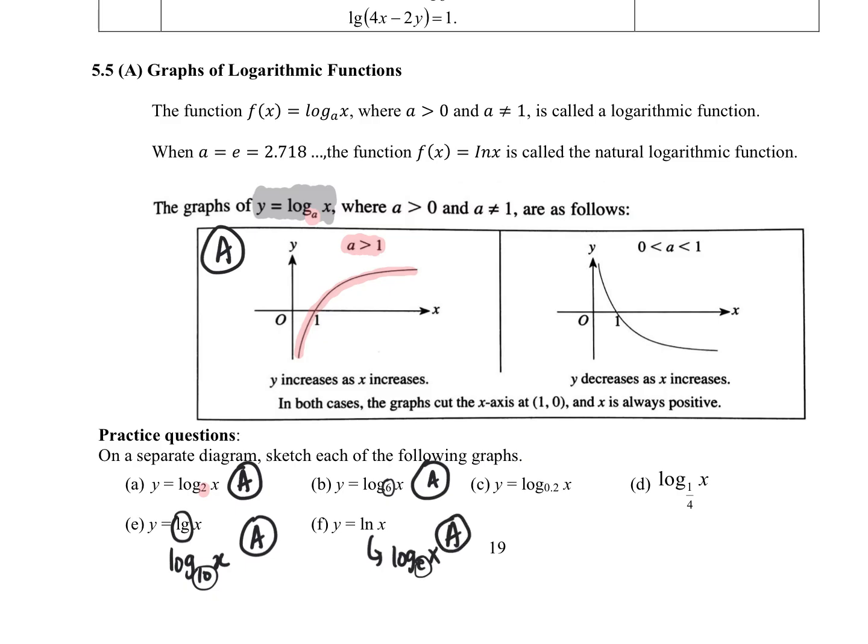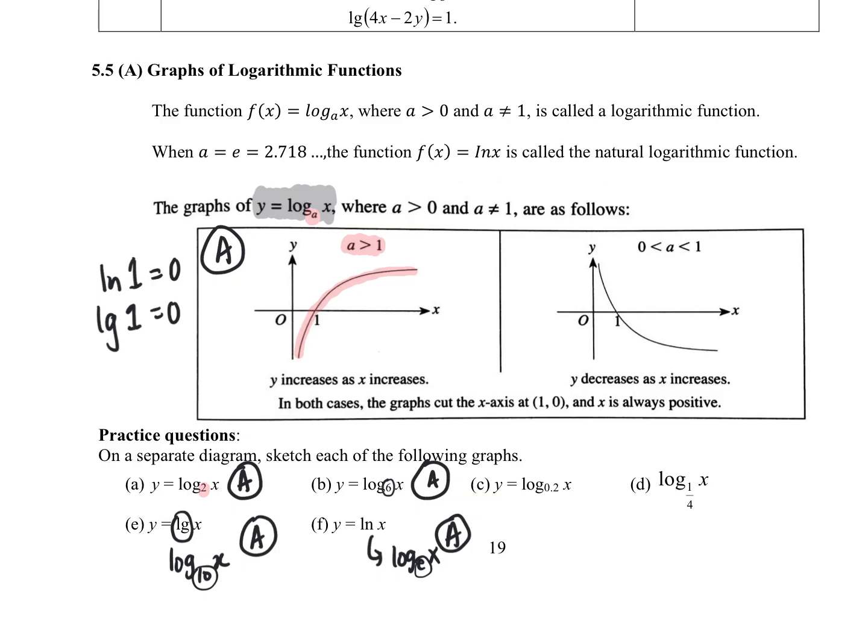So all these 4 graphs on the left follow this. No matter how I change the base number, as long as it's greater than 1, this is the shape. And it always passes through 1 on the x-axis, because log of 1 gives you 0. Remember, ln 1 is 0 and log 1 is also 0.